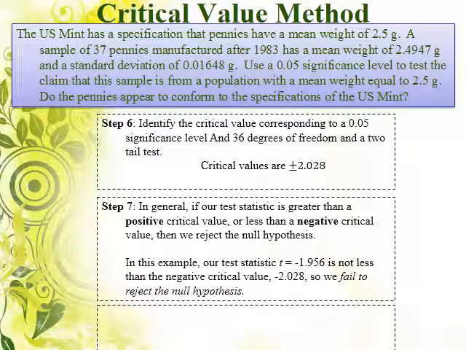So in this example, since our test statistic was negative 1.956, and it's not less than the negative critical value, negative 2.028, we fail to reject the null hypothesis. If our test statistic was a positive 1.956, then we'd compare that to the positive critical value. But again, then it would not be greater than the positive critical value, so we would still fail to reject the null hypothesis.